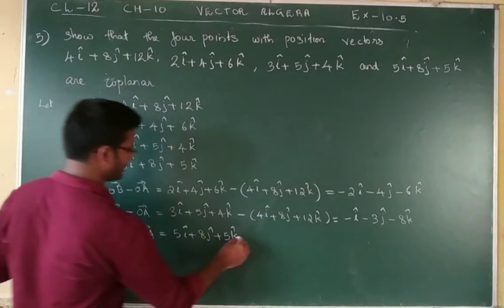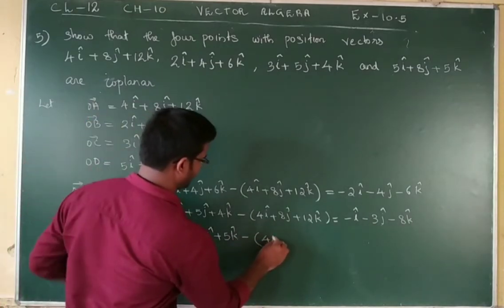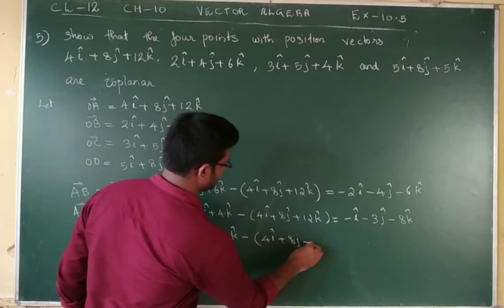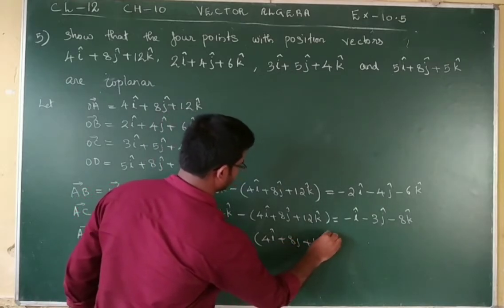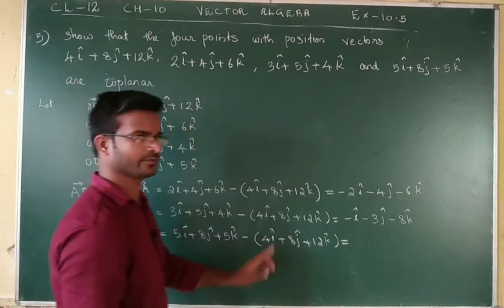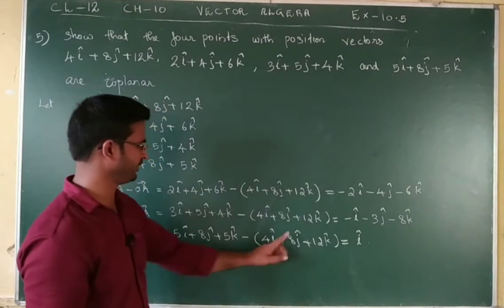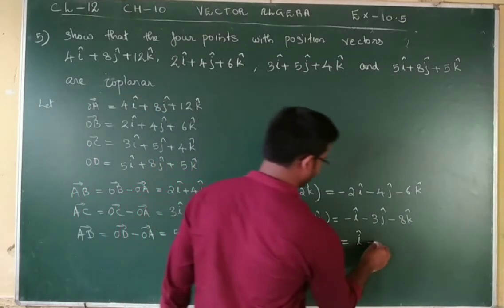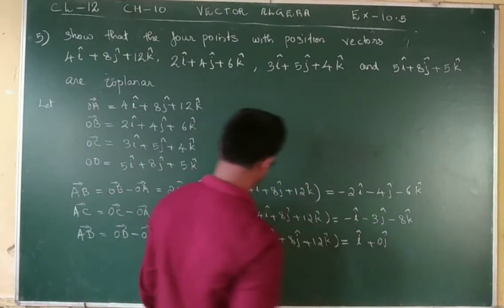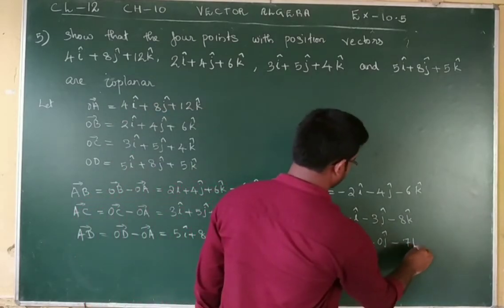That is OD vector minus OA vector is 4i 8j 12k, equal to 5i minus 4i, we'll get i. 8j minus 8j, we'll get 0j. Plus 5k minus 12k, minus 7k.